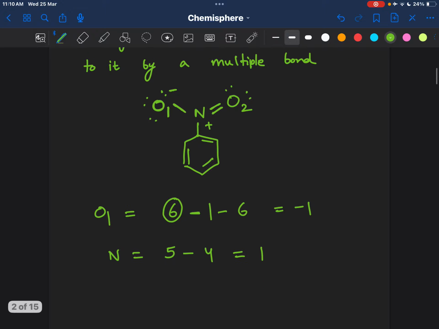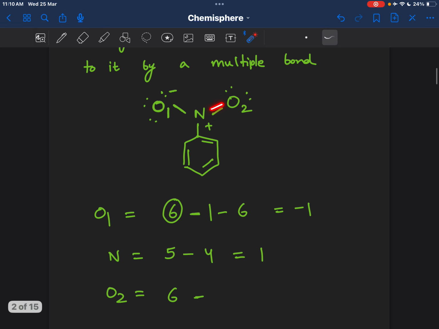And let us calculate the formal charge on O2. Valence electrons are 6. How many electrons are involved in bonding? 1 electron here, 2 electrons here. So 6 minus 2 minus the lone pairs, 2 3 4, so it is 0. Therefore the charges are a negative charge on O1 and a positive charge on N.